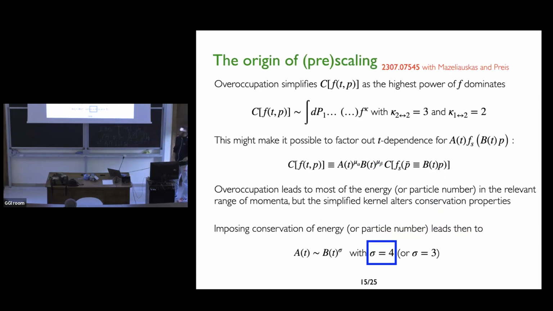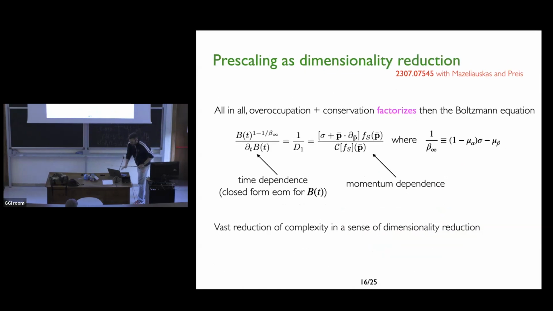And because of this F appearing in a particular power, we can pull this trick. And when we roll with it further, it turns out that the Boltzmann equation actually factorizes into two equations, by virtue of separation of variables that you know from undergrad physics. So on the left-hand side, what you have is an equation that governs the time dependence. On the right-hand side, there's an equation that governs the shape of the distribution function in the scaling regime, right?